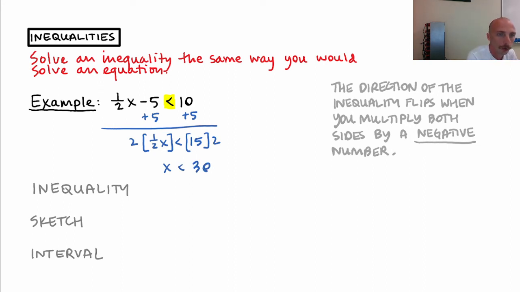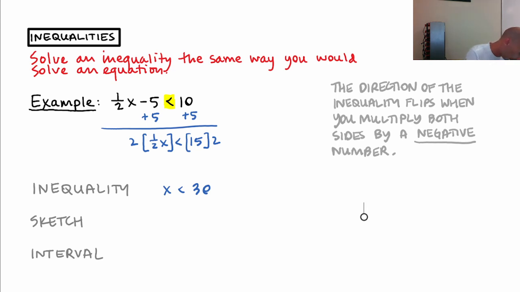Okay. Now, I'm going to ask for your solution as an inequality, as a sketch, and as an interval. You might not know about interval notation yet. That's okay, I'm about to show you. Okay, inequality, that's what we just did. We've got x is less than 30. The sketch is like, okay, if we were going to draw a picture of this set of numbers on a number line, well, we just want everything to the left of 30.